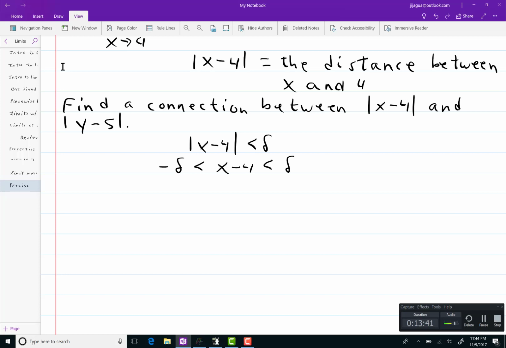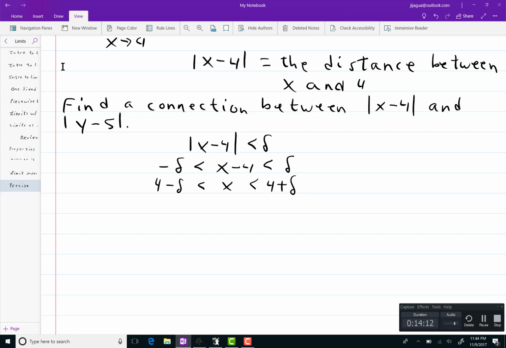Keep in mind, delta is a distance, so negative deltas aren't even to be considered. Now I'm going to get x by itself by adding 4 to everything. So I'll have 4 minus delta less than x, which is less than 4 plus delta. Just like I mentioned in the picture, x is between 4 plus and minus delta.